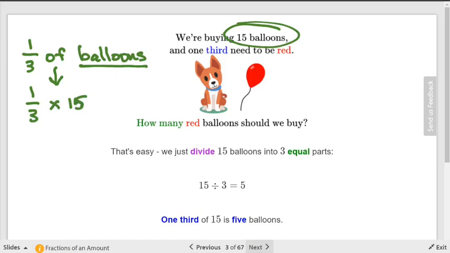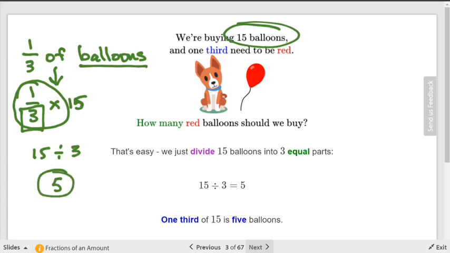Now, so it's 1/3 times 15. But remember that multiplying by a fraction is the same as simply dividing by that bottom number. So 1/3 times 15 simply becomes 15 divided by what? Which is 5.